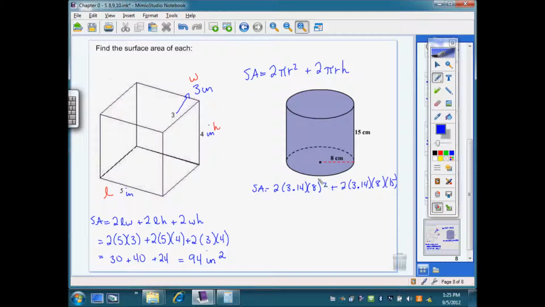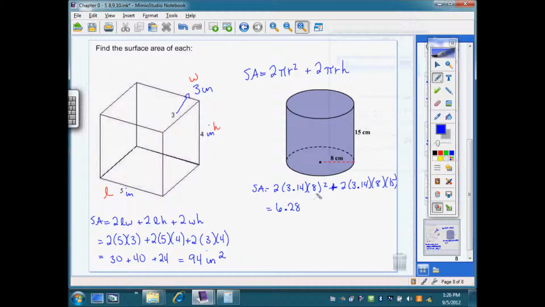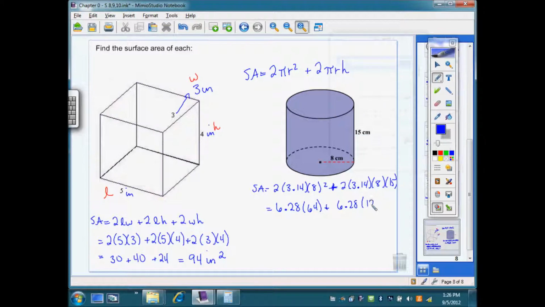So I have these 2 different things to multiply out. 3.14 times 2, 6.28, and then 8 squared is 64. 2 times 3.14 is 6.28. That's 120.